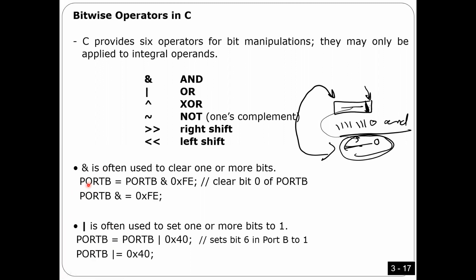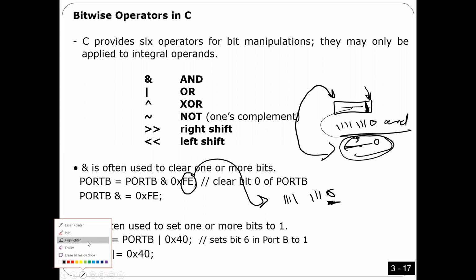So you can just say PORTB equals PORTB AND this number. So the new value for PORTB equals the current value AND 11111110. That means this instruction is used if you want to clear bit 0.